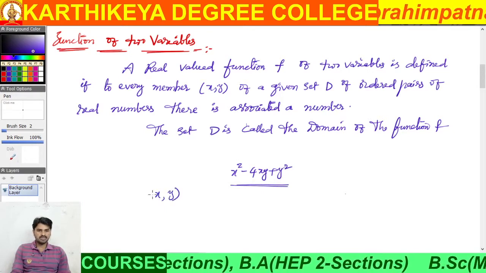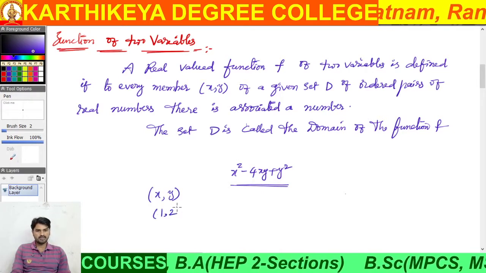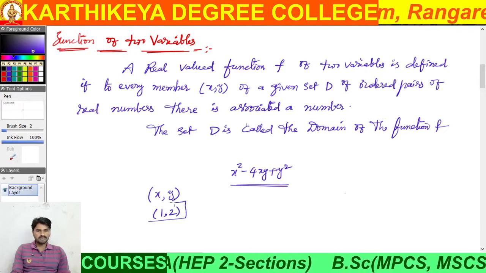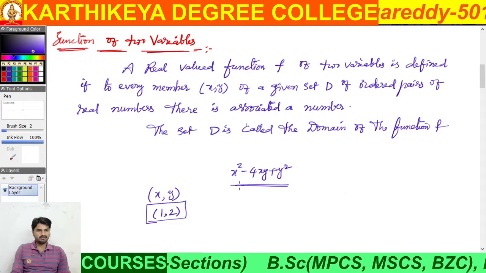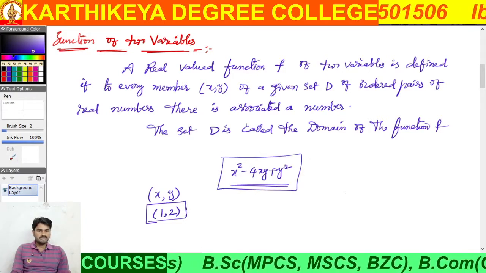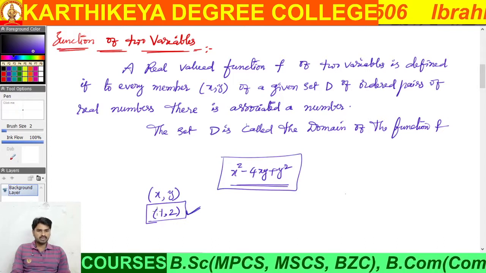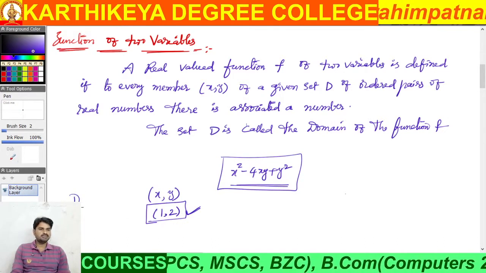These values can be taken as an ordered pair, suppose x is equal to 1 comma 2. Such points are taken from a set named D.